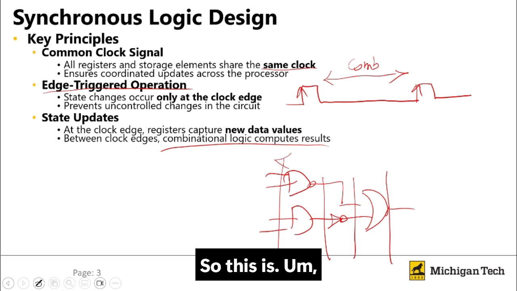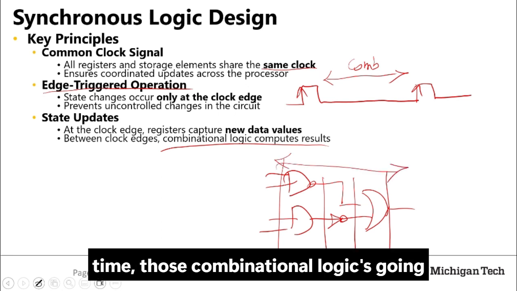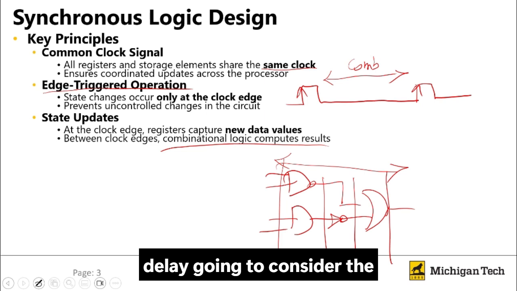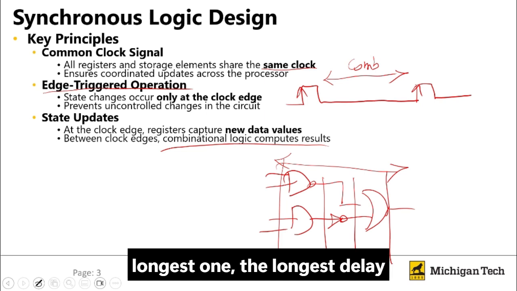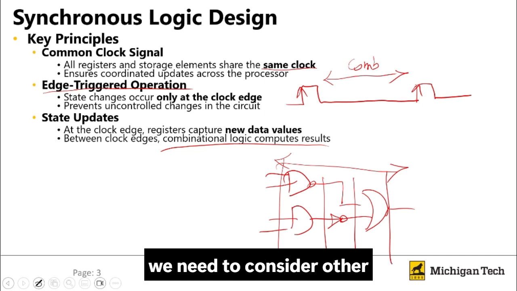Because these gates have propagation time, those combinational logic are going to make a delay. The longest delay is considered for computing the clock, but we need to consider other factors as well. We're going to see that now.